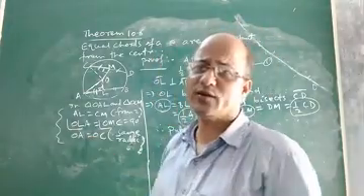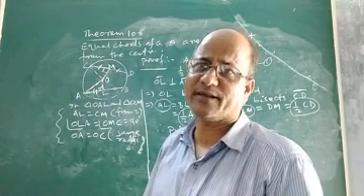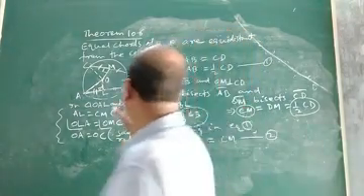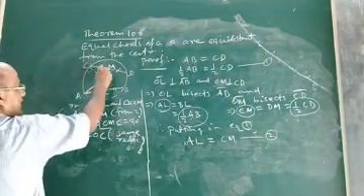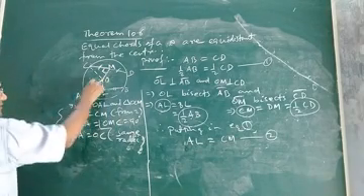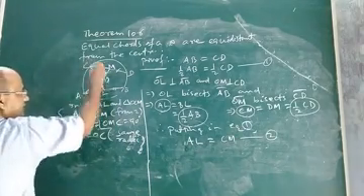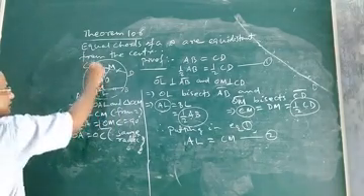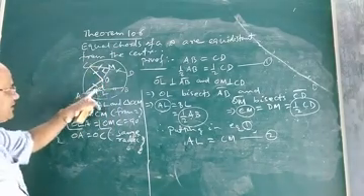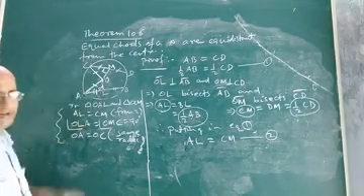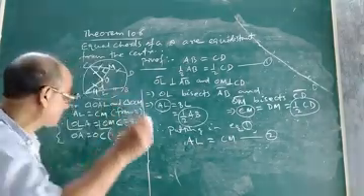Which congruence criterion do these three matching parts satisfy? Clearly this angle is 90 degrees, a right angle. This is the hypotenuse of this triangle, and this is the hypotenuse of this triangle, and they are also equal. So right angle, hypotenuse and side: that means RHS.